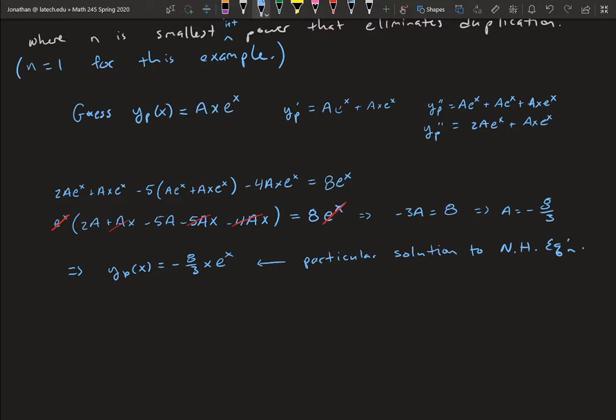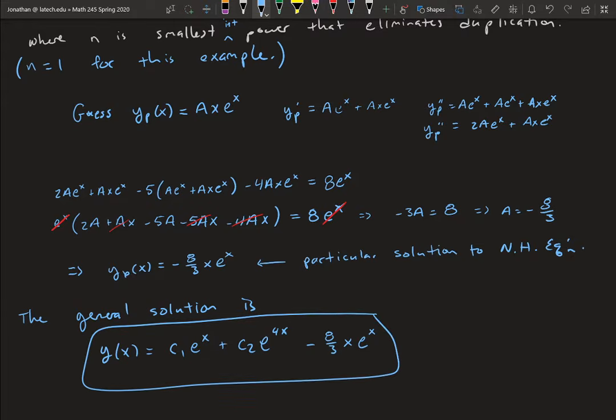And so the general solution is y of x equals c1 e to the x plus c2 e to the 4x minus 8/3 x e to the x. And that's it. The 4 should be positive here, yes, thank you.